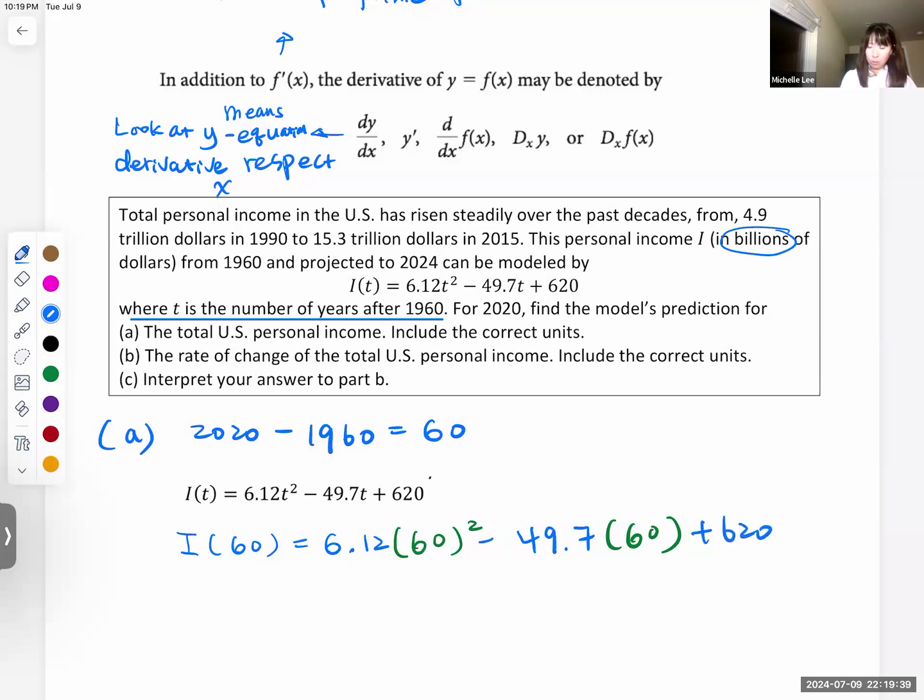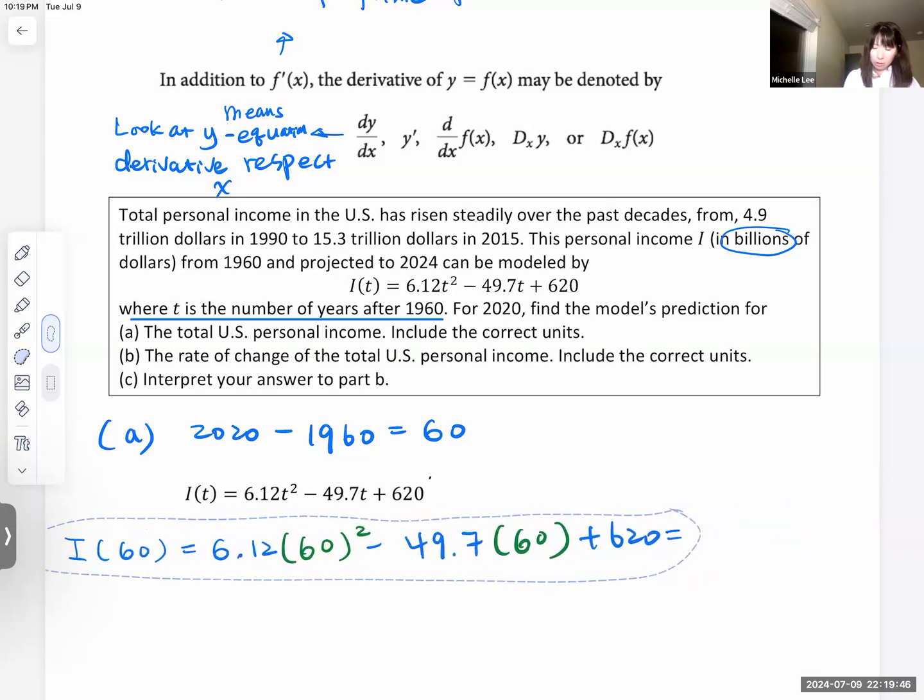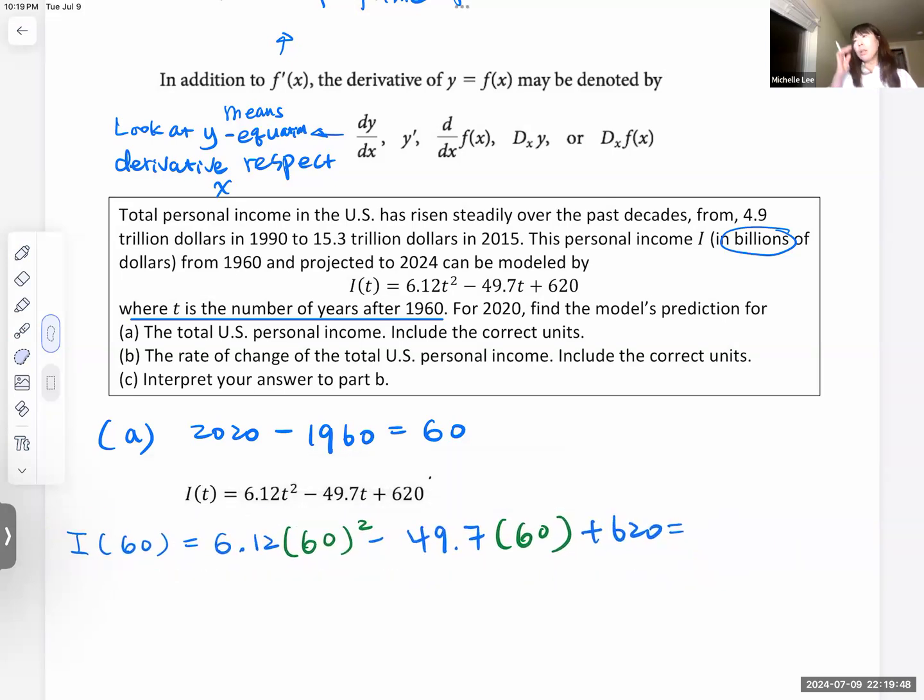So we get, let me do this one here, 19,670 billion dollars per year. 19,670 billion dollars per year.